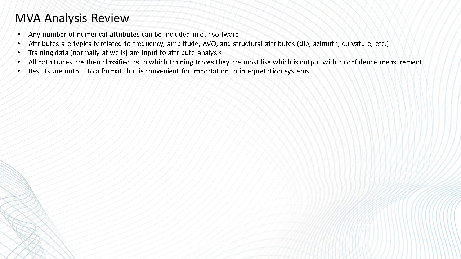And then all data traces are classified as to which training traces they are most like, which is then output along with a confidence measurement. And then the results are output to a format that's convenient for importation to interpretation systems.